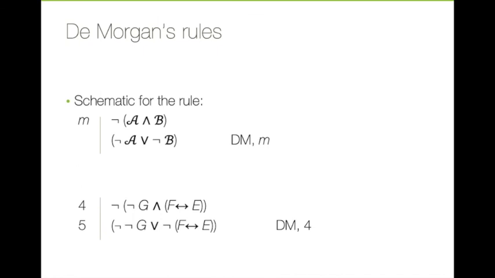So the negation of F if and only if E is our not B from the schematic. Note that if we see not G on its own later in the tree, we can drop that double negation. But the De Morgan's rule on its own does not allow us to do so. So we have to maintain all of these negations according to this rule.